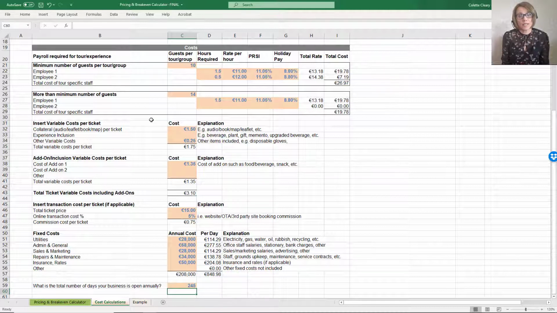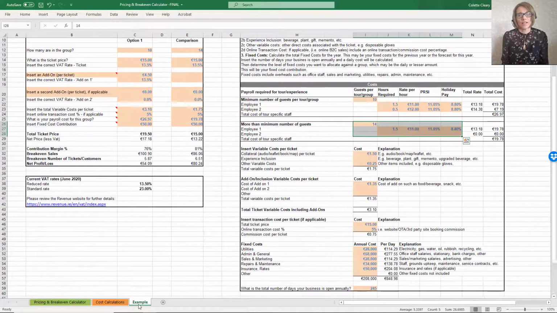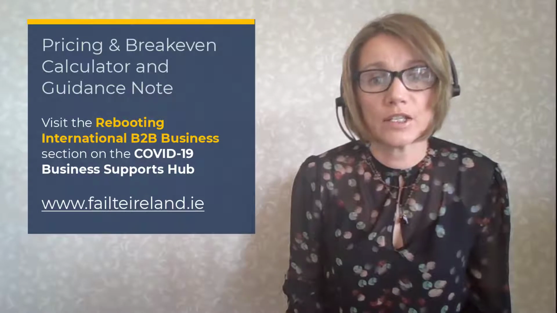In completing the pricing and break-even calculator, you may wish to use this fixed cost rate or a different rate, which will be a contribution towards your fixed costs. The final tab, Example, is a combination of the calculator and the cost calculations sheet, giving an example of the completed cells. The calculator and guidance note to support this video is located here on the Fáilte Ireland website.